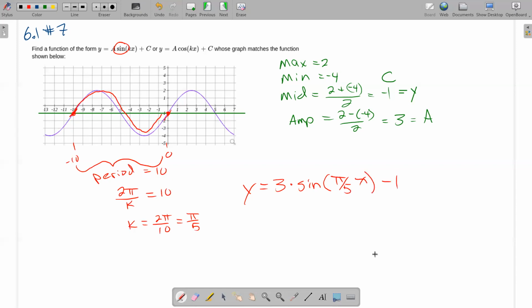Let's check it out. The points I'm going to be looking for to verify this: I should have the point on that graph 0, -1. I should have the point -10, -1. This max right there looks like it is, and I could verify that in a second, 2.5, 2.